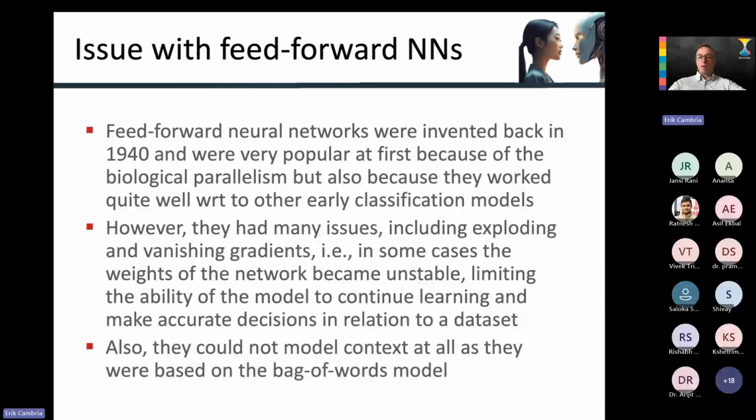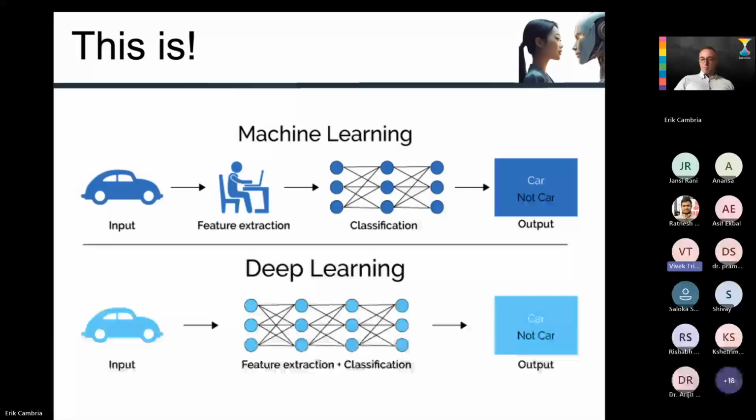Oh, Vivek has a question. Yes, please. Eric, when you say feature extraction, do you mean vector representation of selected features? Is that the right idea? Yeah, so again, feature extraction is a big term that can mean many things.